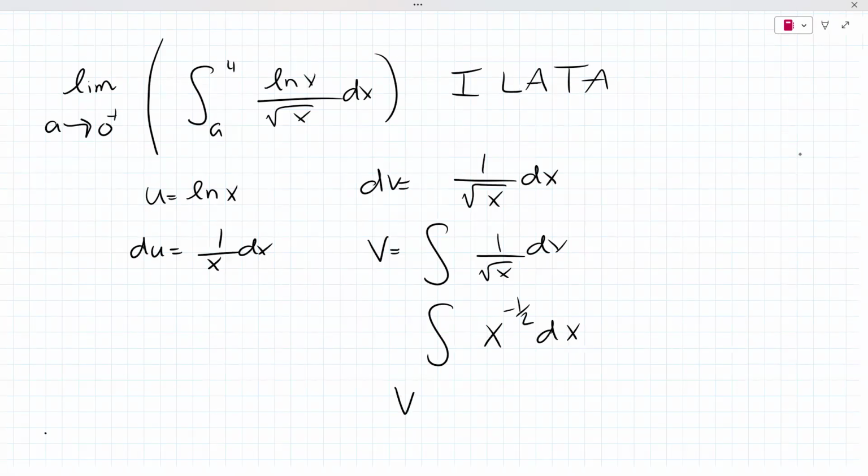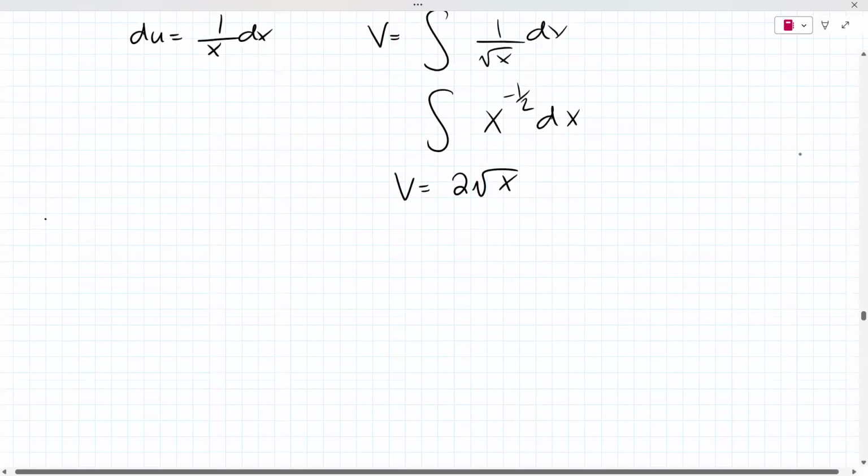So my v is going to be 2 square root of x. Then you apply integration by parts, so uv minus the integration of v du.